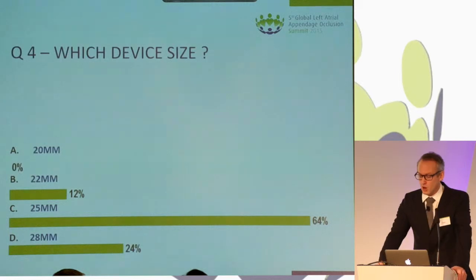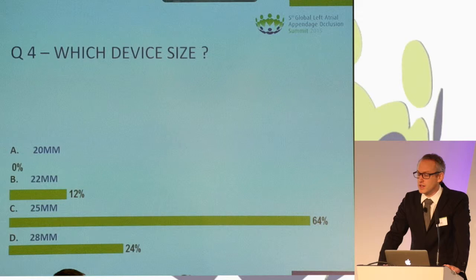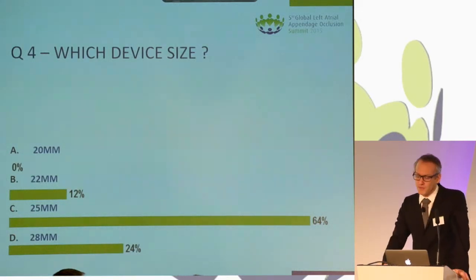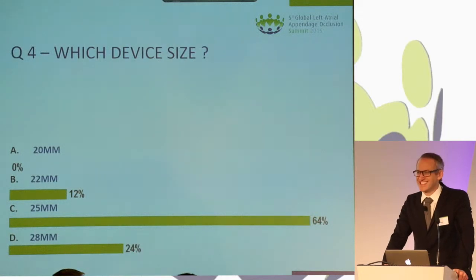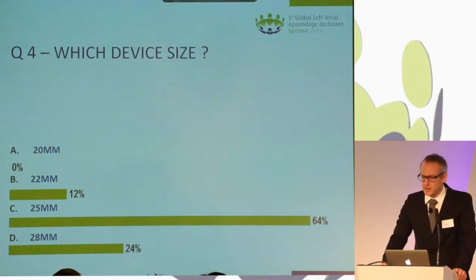In my opinion, or in my small experience, 15 to 20 cases so far with the Amulet device, the larger devices, starting at 25, need a little more space than the ACP device in the past. So there's more material to squeeze into the left atrial appendage.